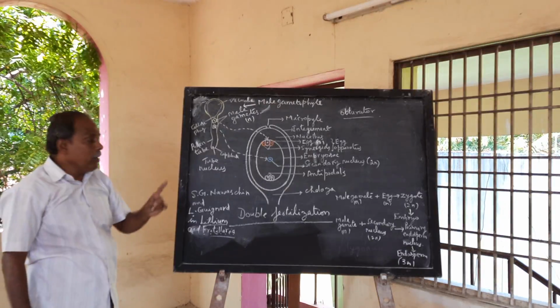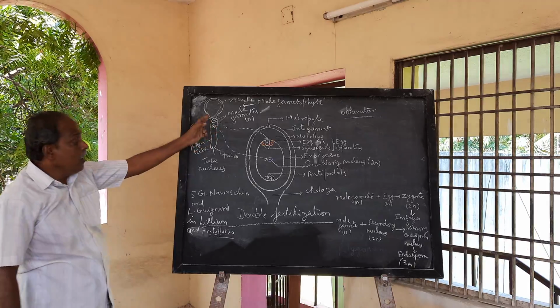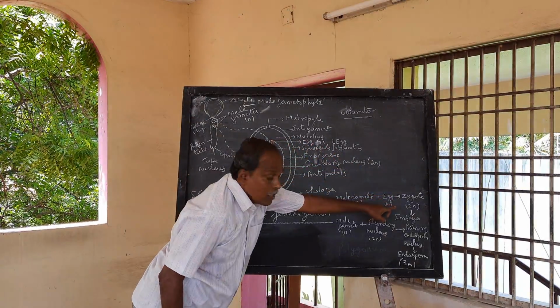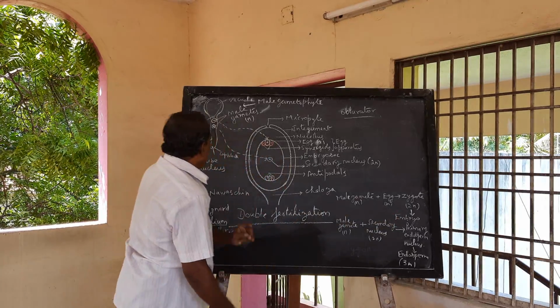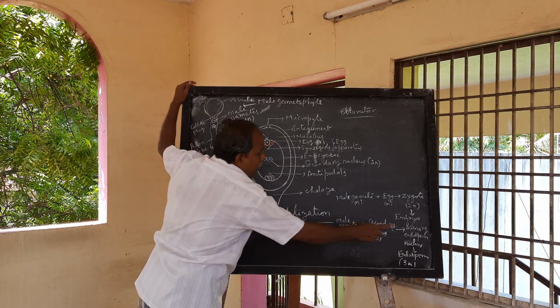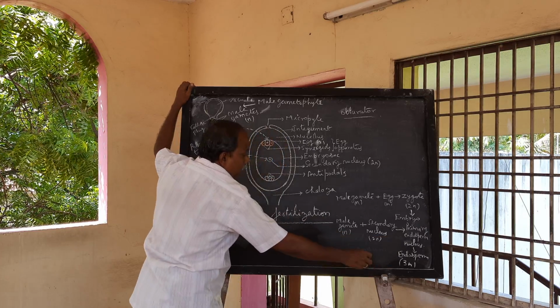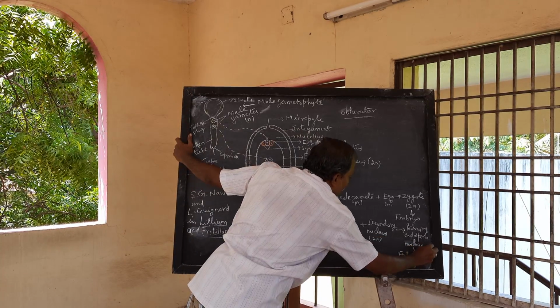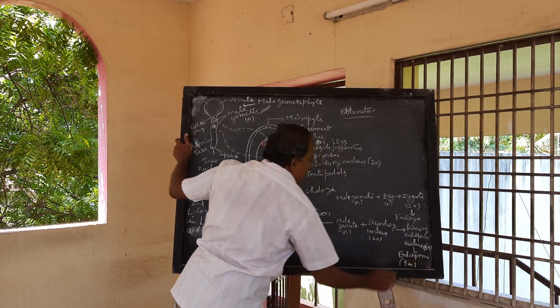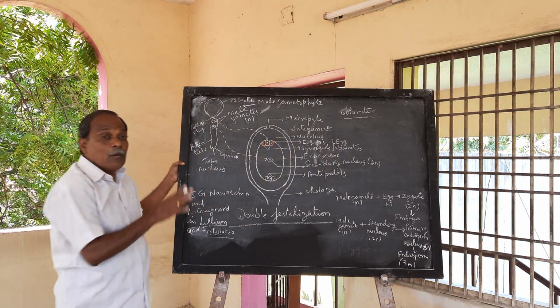Of the two male gametes, one haploid male gamete fertilizes the egg, resulting in the formation of a diploid zygote. The zygote develops into the embryo. Another male gamete fertilizes the secondary nucleus to form the primary endosperm nucleus, which is triploid, 3n, and then it gives rise to endosperm. So this is called double fertilization.